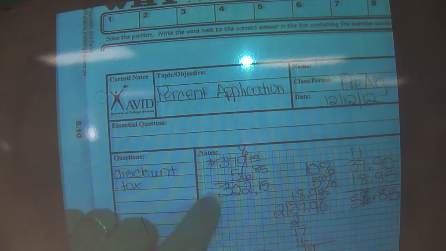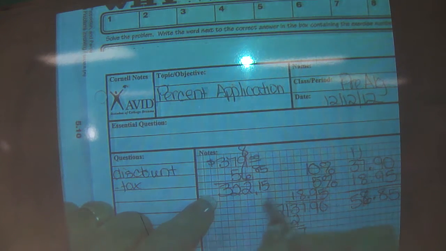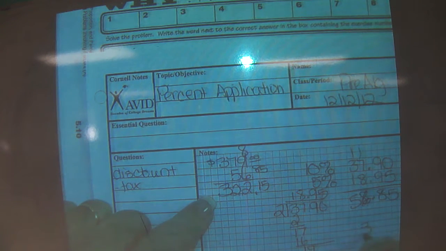What's 1% of 322.15? 10% would be 32, so what would 1% be? 3.22. But we want 7%.